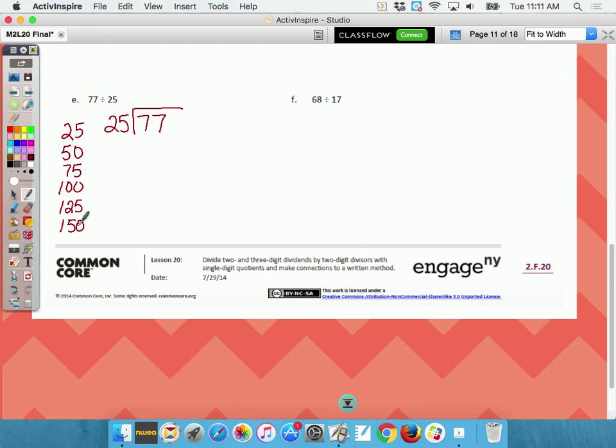All right, so which number is closest without going over? 75. Circle it. What do I write beside it? A 3. So what am I going to try? 25 times 3. Where do I write it? Yeah. Should get 75, which we already knew because we skip counted, right?